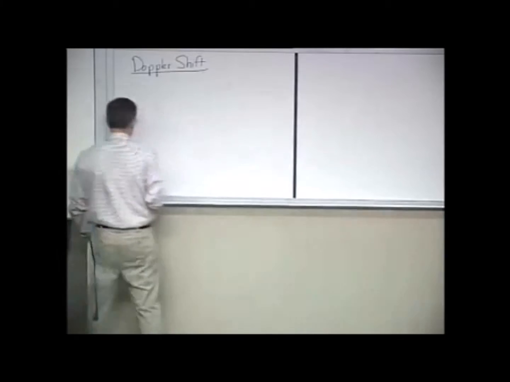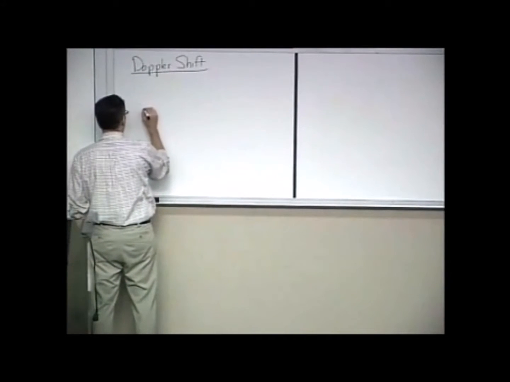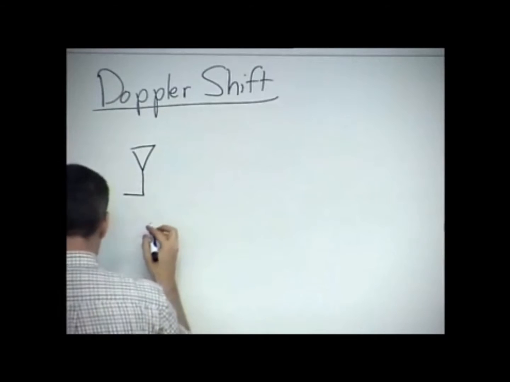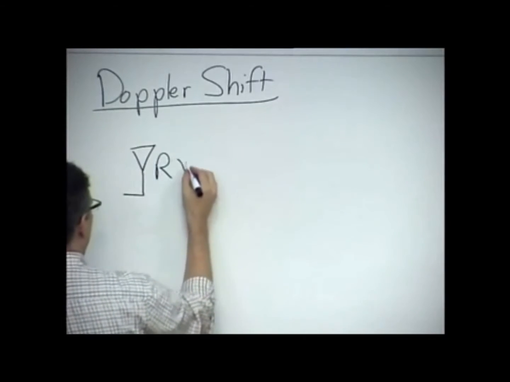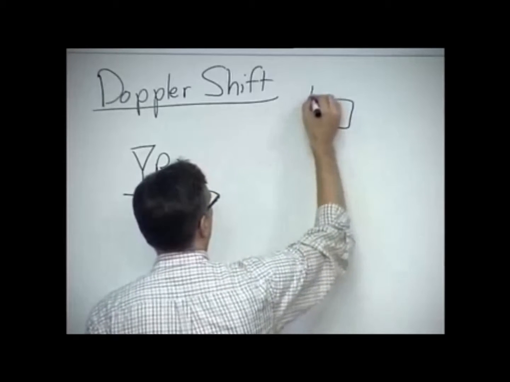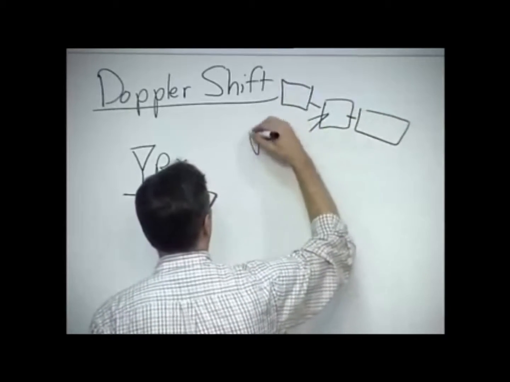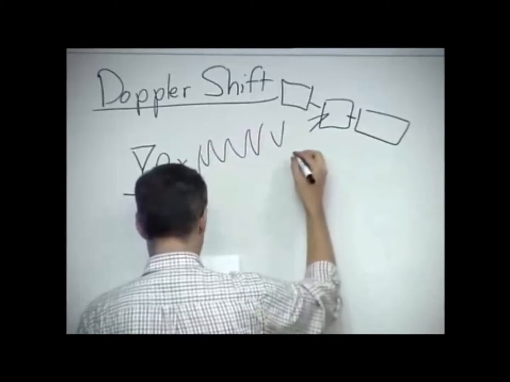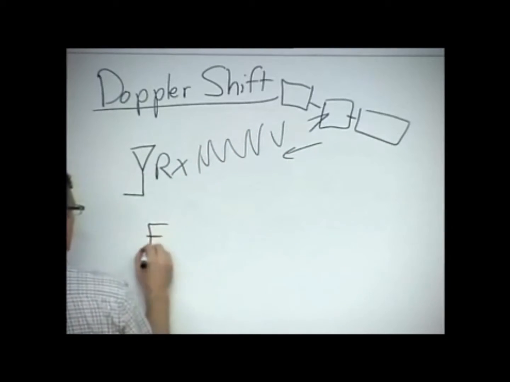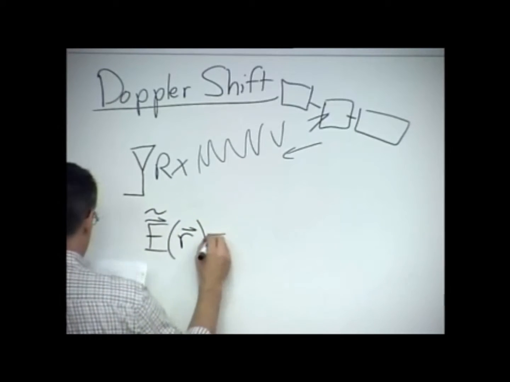So imagine, if you will, you have an antenna that's receiving a signal from a satellite. The electric field washing over this antenna, as we are all now very familiar, takes a common general form.